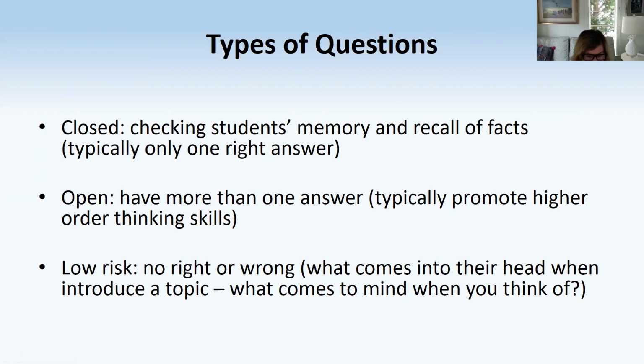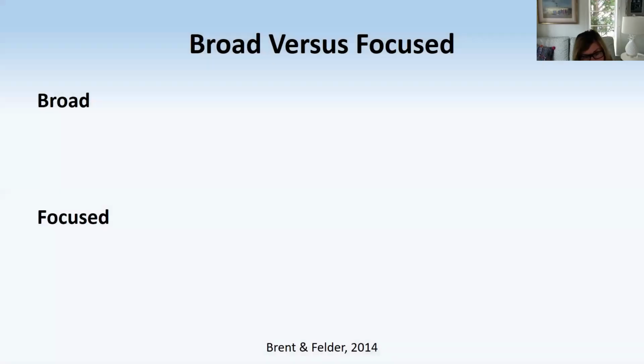So that's a nice way, I think, of getting some ideas about how they're thinking about a topic before you really begin a lesson. And there may be some immediate adjustments or immediate responses that you have to make as a result of what the students say. So that's one way of thinking of different types of questions.